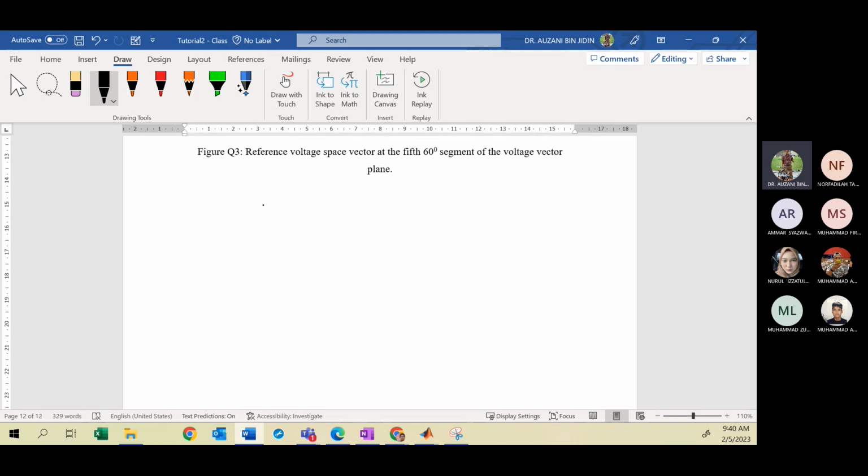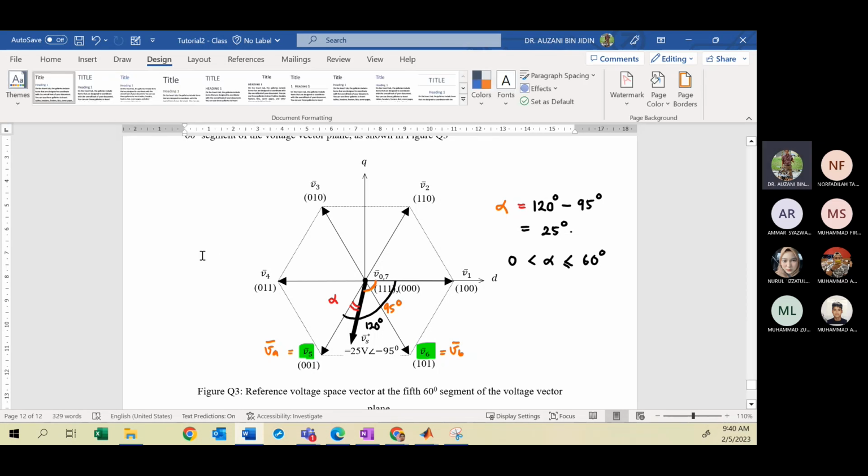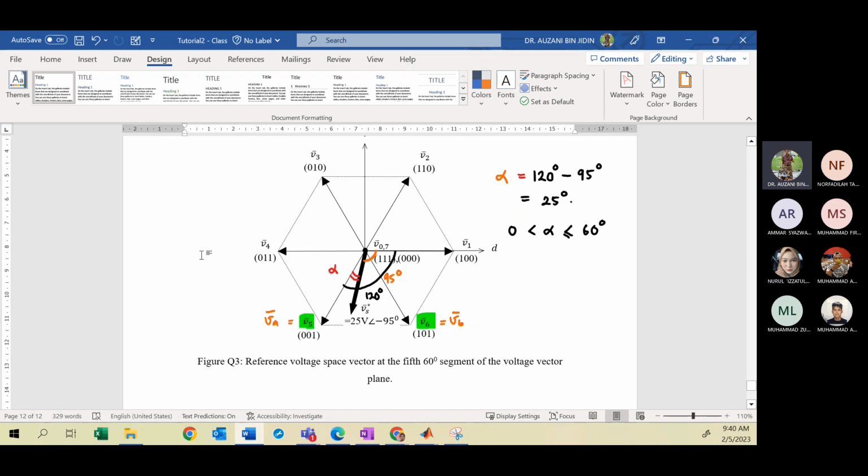From the original diagram here, you can sketch which one is the alpha axis and beta. Remember the first adjacent vector to be selected is V5. So you must draw V5 in line with the alpha axis.